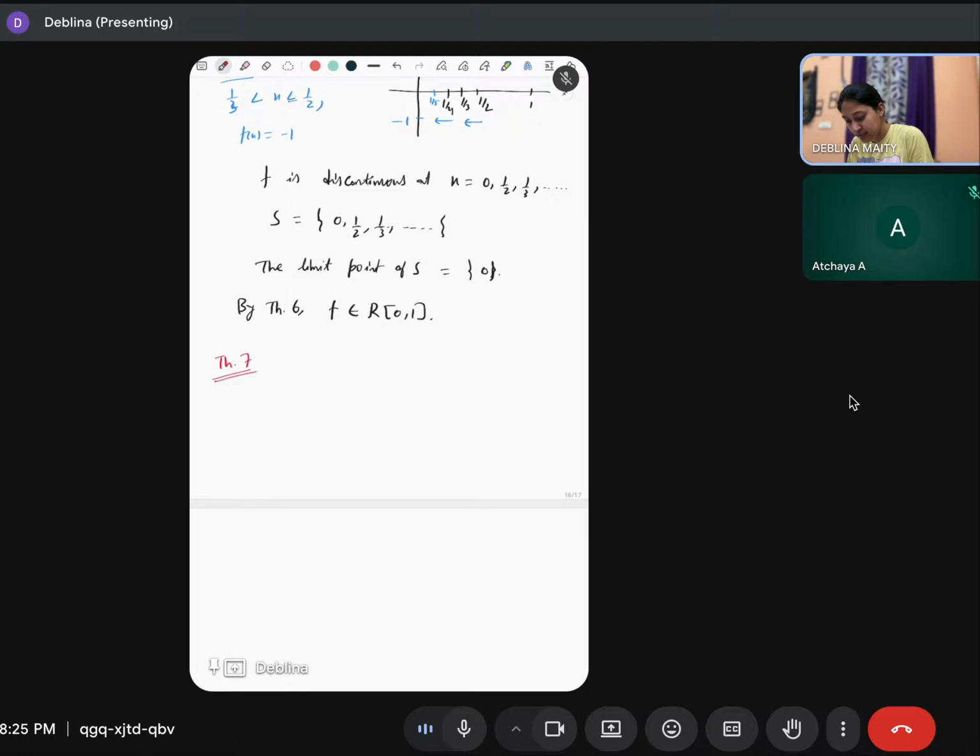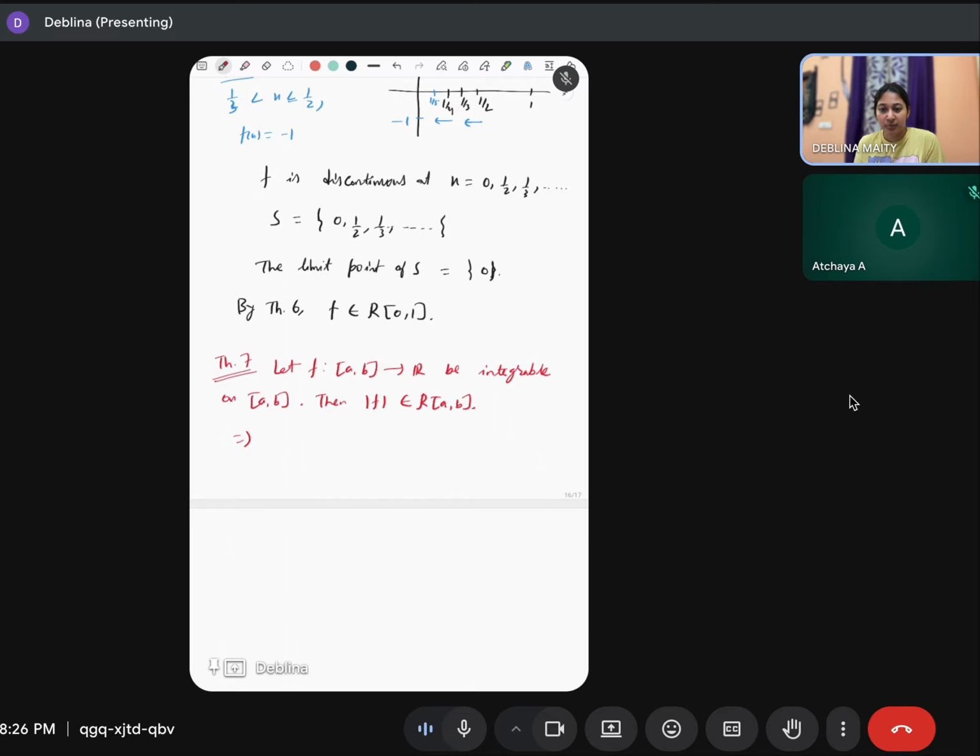So f is bounded and integrable on [a,b], then mod f belongs to R[a,b], means mod f is also integrable on [a,b].